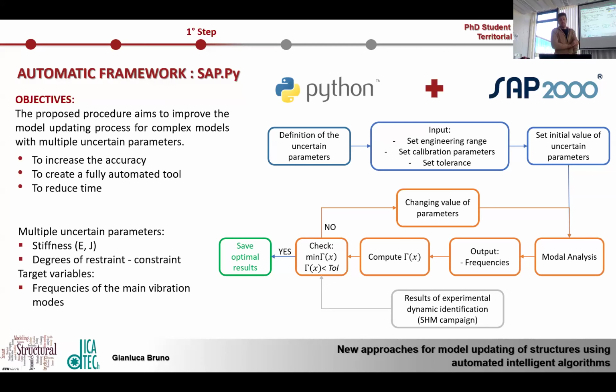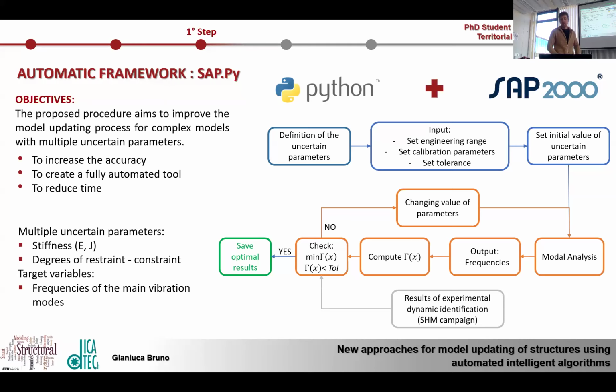In particular, I created a script in Python to increase the accuracy, to run the analysis in the software SAP 2000, and obtain the calibrated model, and in general reduce the time taken by the process.